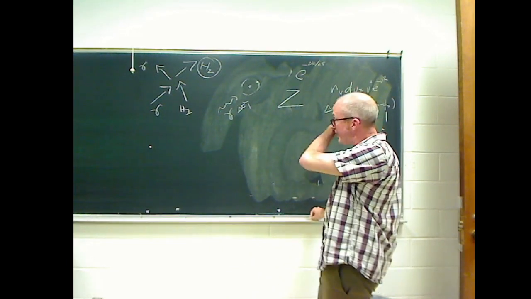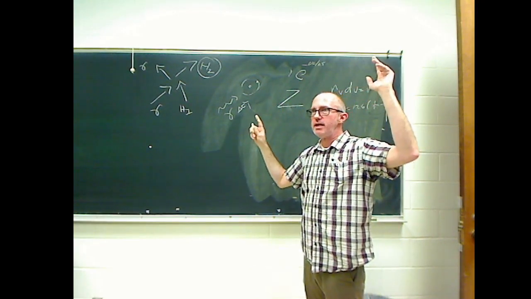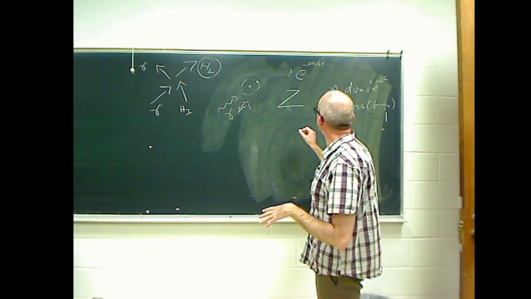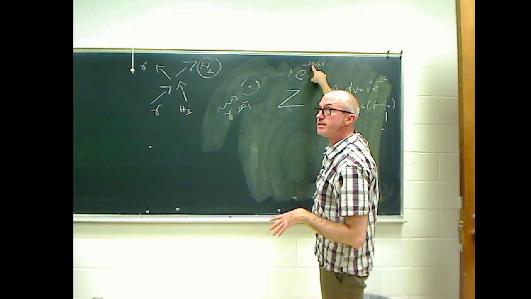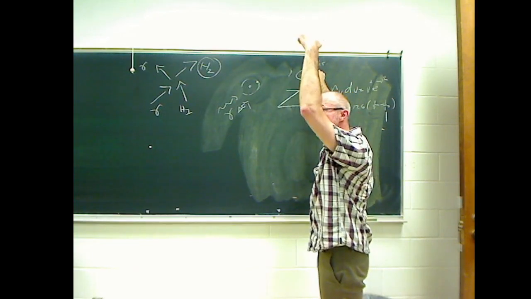Now we've got to talk about the partition function really fast. We have these things that we can kick up into excited states, or they can fall down into unexcited states. The probability of jumping up into one of the excited states is just e to the energy that you need to get to over kT.